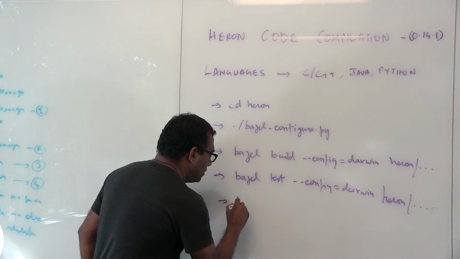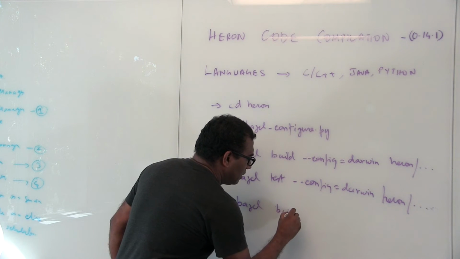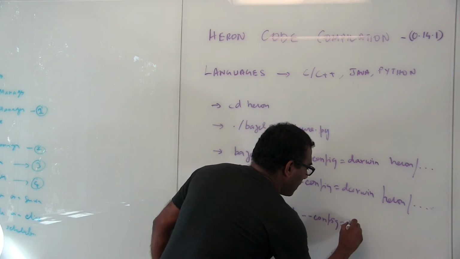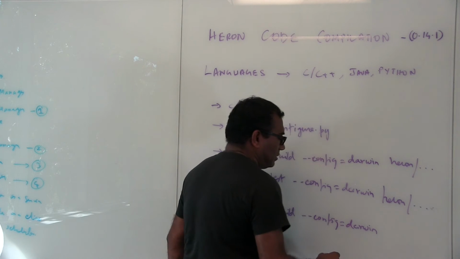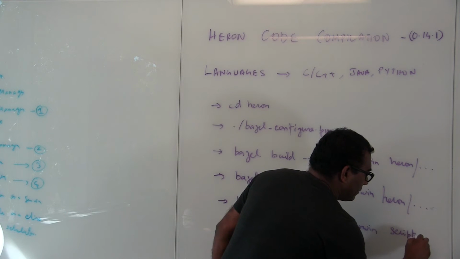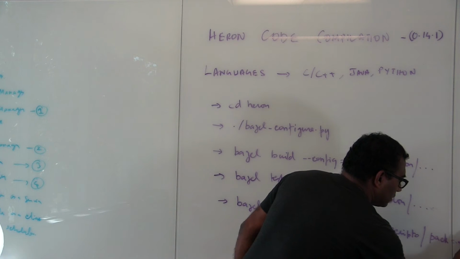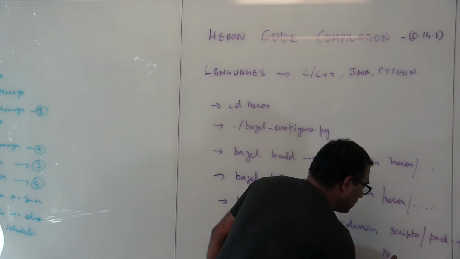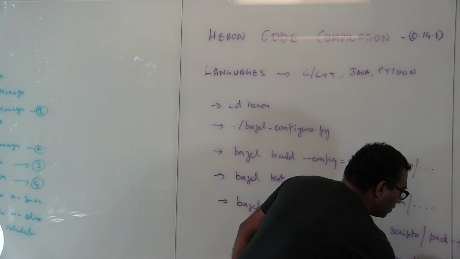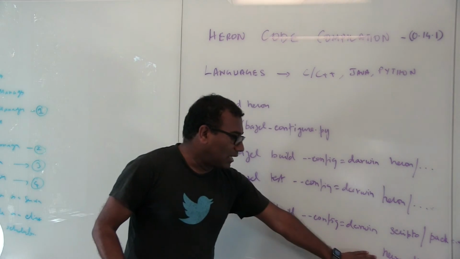The simple way is to just do bazel build --config=darwin scripts/packages:heron-client-install.sh. This will build the current client package.